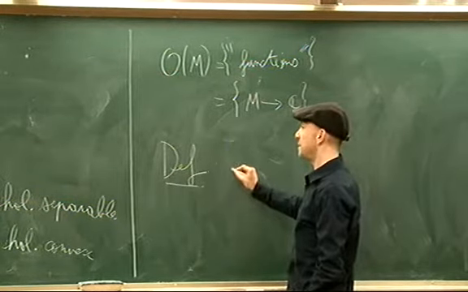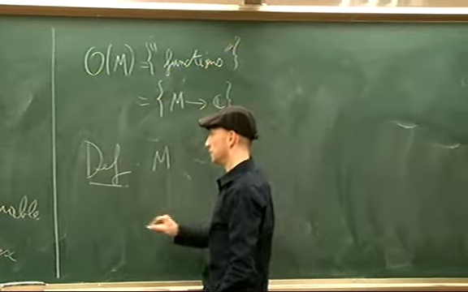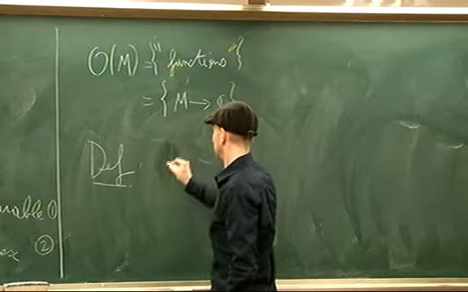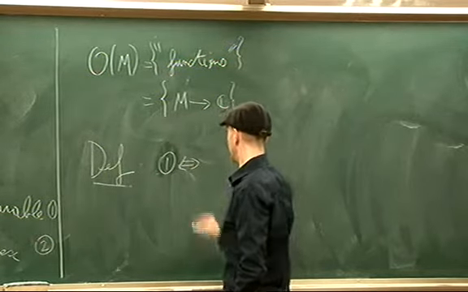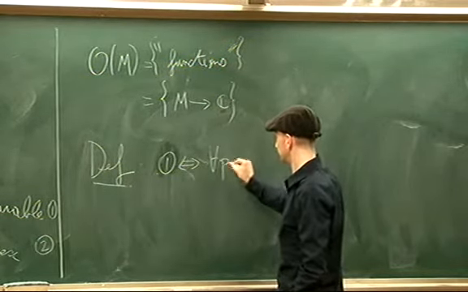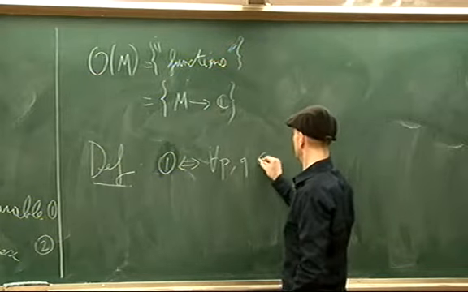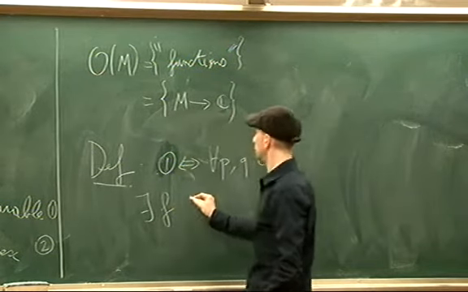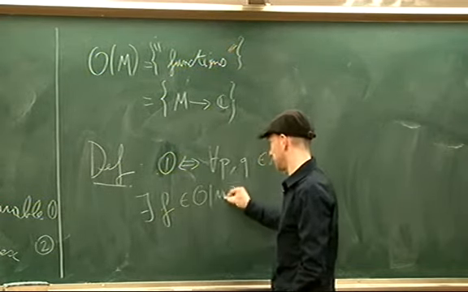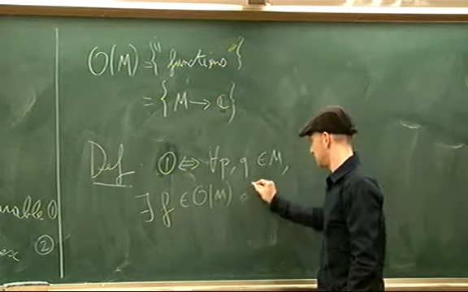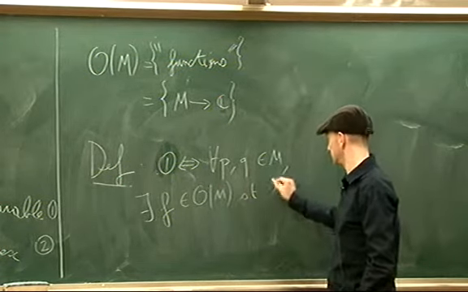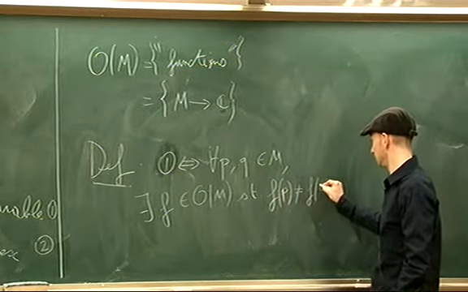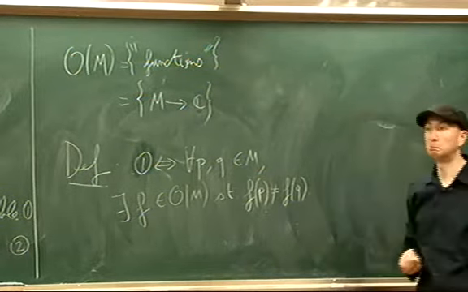So we say that M is holomorphically separable when, if you take two points, let's say P and Q in M, there exists a global holomorphic function such that the function can separate the two points, that is, send them into two different values in C.